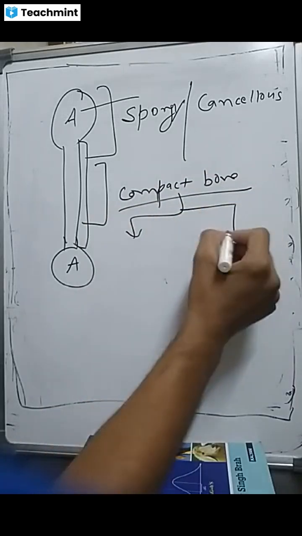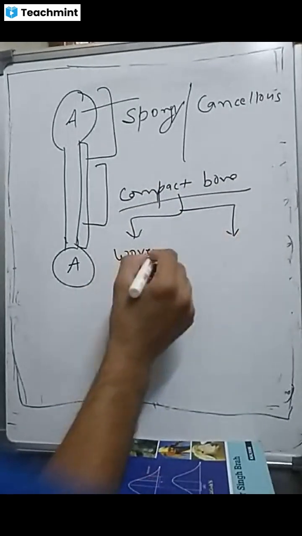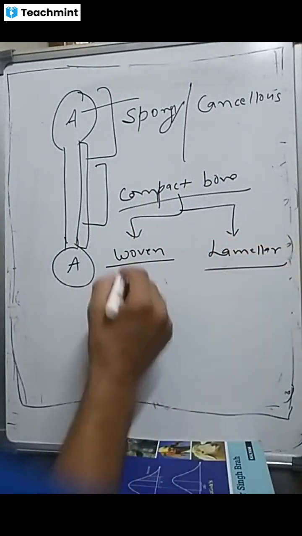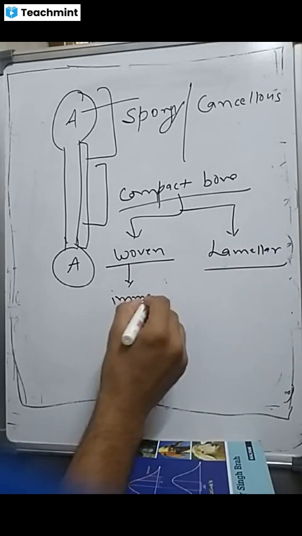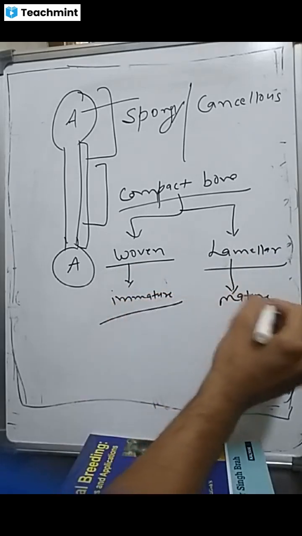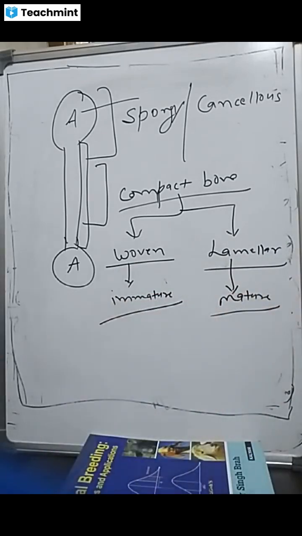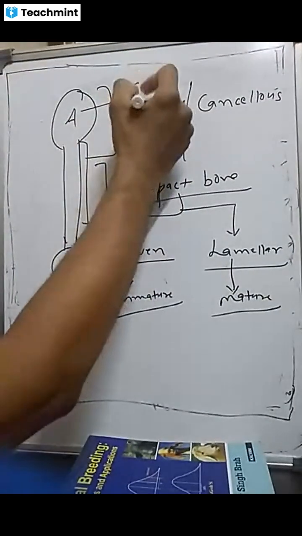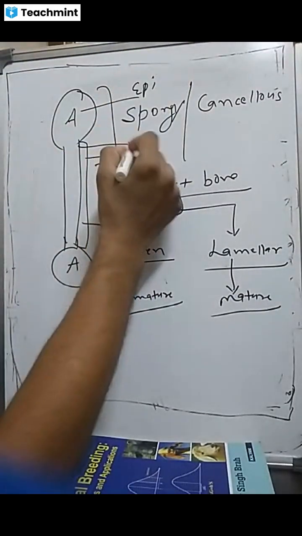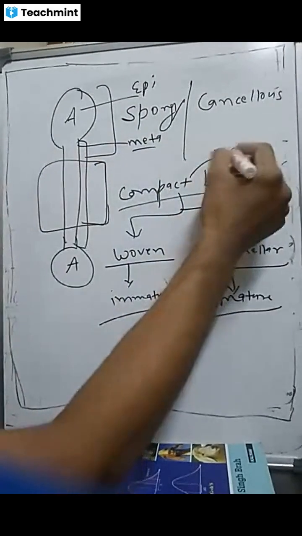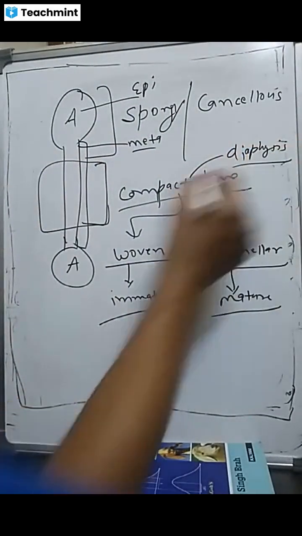Compact bone may be of two types: woven and lamellar. Woven means immature. Lamellar means something which is mature. So cancellous bone is present in the epiphysis, but compact bone is present in the diaphysis.